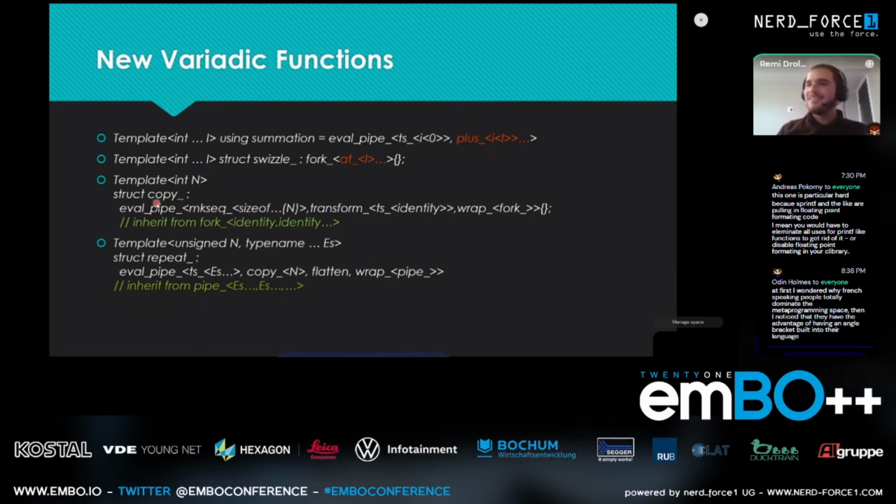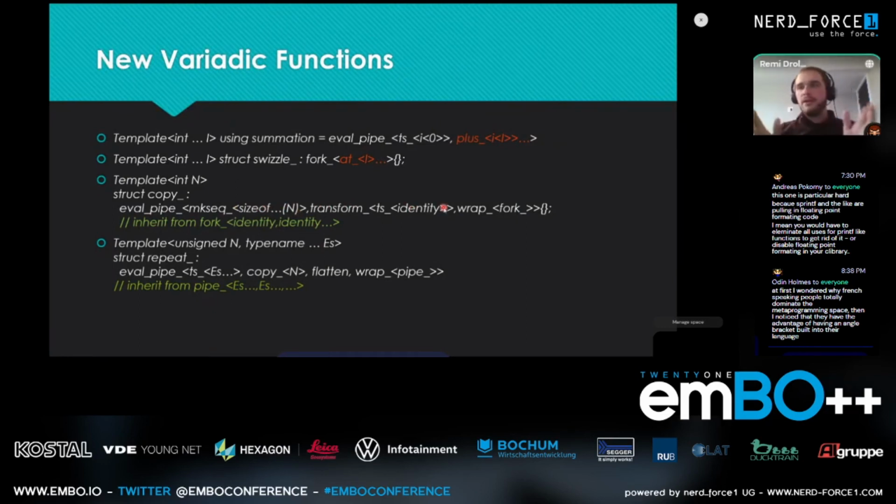So copy is an eval pipe of make sequence. Okay, replace this e with n. Replace the size of with I of n. Transform identity.